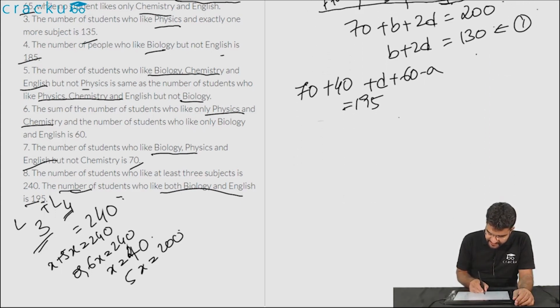So you can simplify this as 170 plus D minus A is equal to 195, or D minus A is equal to 25. This is the second equation.